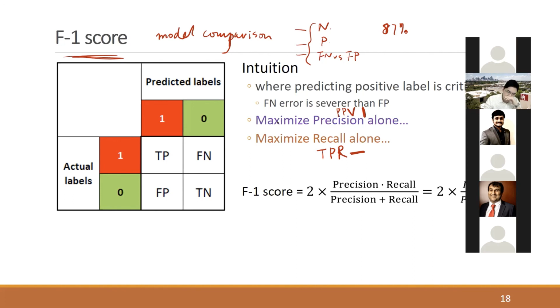Well, maybe we don't need a context here. For a model, imagine if you prioritize precision, which means the positive predictive value, which means of all the positive predictions, the percentage of those predictions that are true.